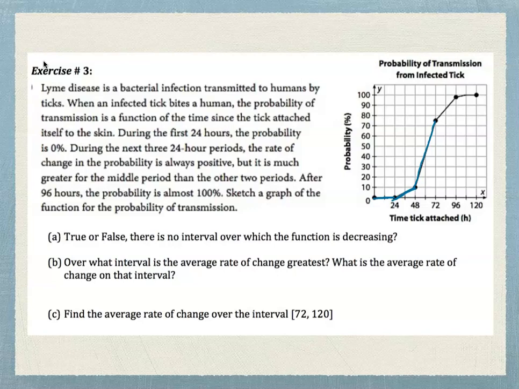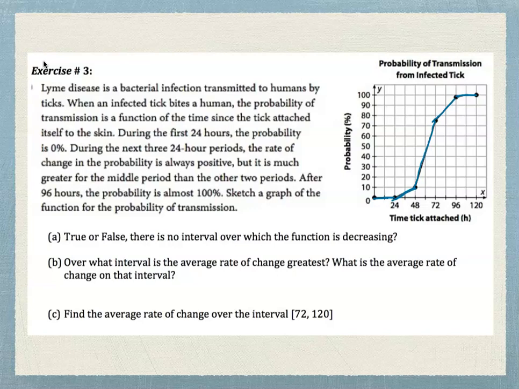And then on the 4th day, the probability still is going up, but it lessens a little bit. And then if the tick is still attached to you on this 5th day, probability is basically 100% you're going to get Lyme disease if it's on you for 5 days. Okay, so this is the function for the probability of transmission.